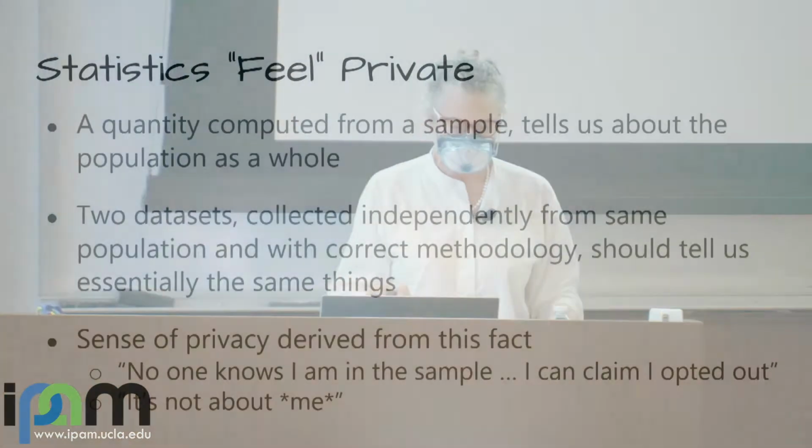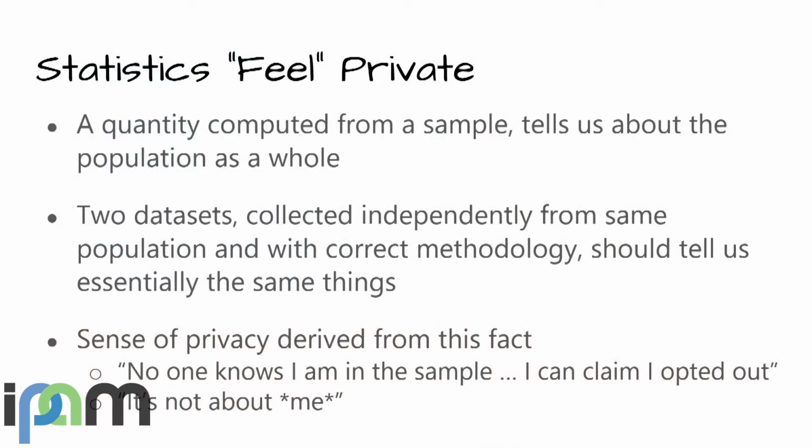So my feeling is that the sense of privacy of a statistic is derived from exactly that fact. And you could also think, well, nobody knows I'm in the sample, or I could claim I opted out. And somehow, especially because of the two data sets view, this statistic is not about me, it's about the population.